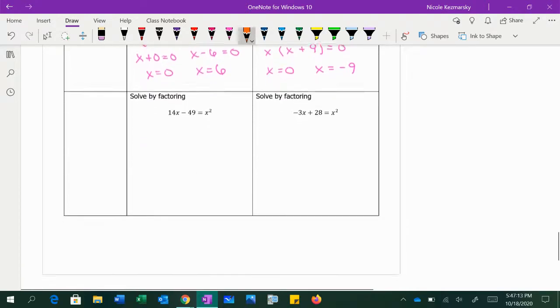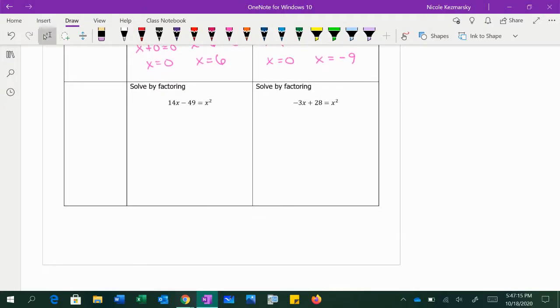Okay, last example. When you have multiple terms that are kind of on the wrong side, what I like to do is make sure the x squared stays put. Okay, make sure x squared is positive. So what I'm going to do is move the 14x first.